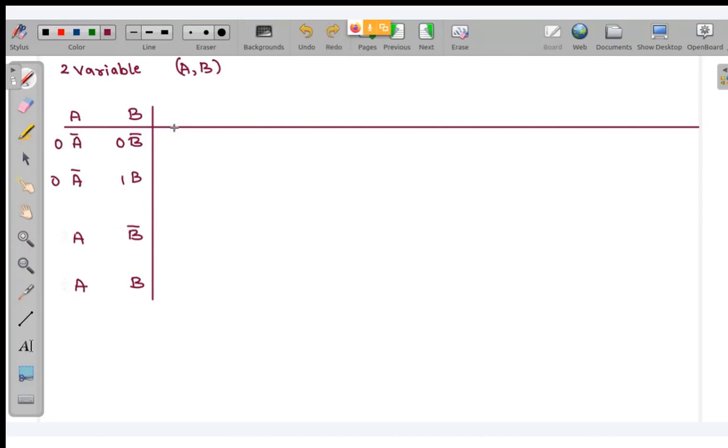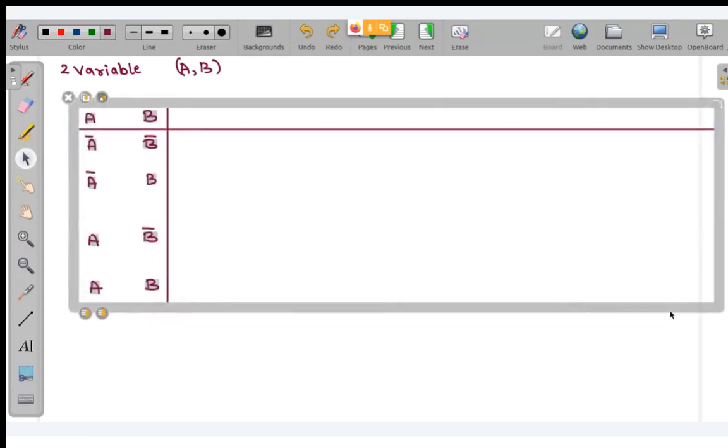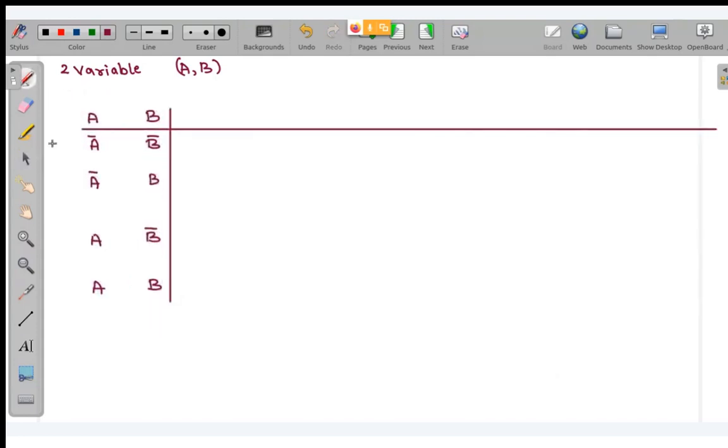So this term will correspond to A complement B complement, this will be A complement B, this will be A B complement, and this will be AB.